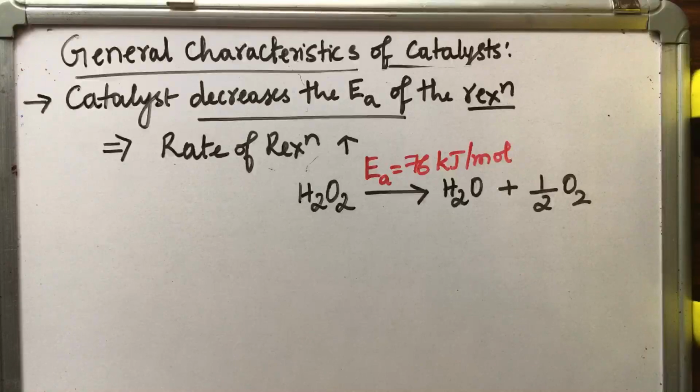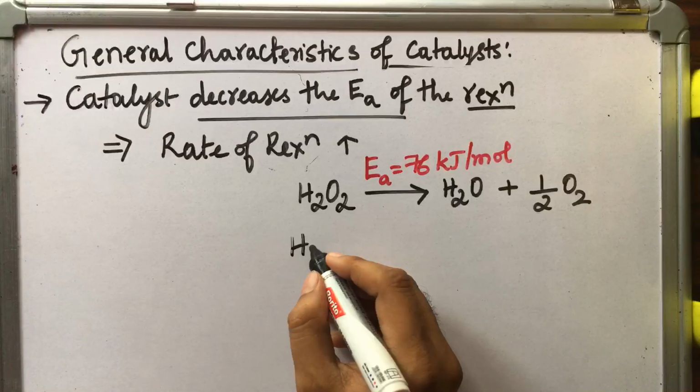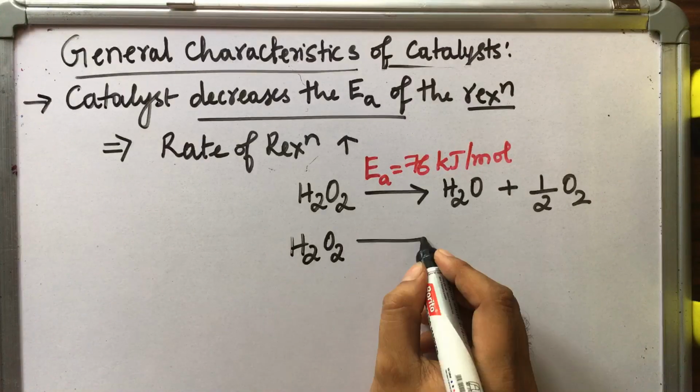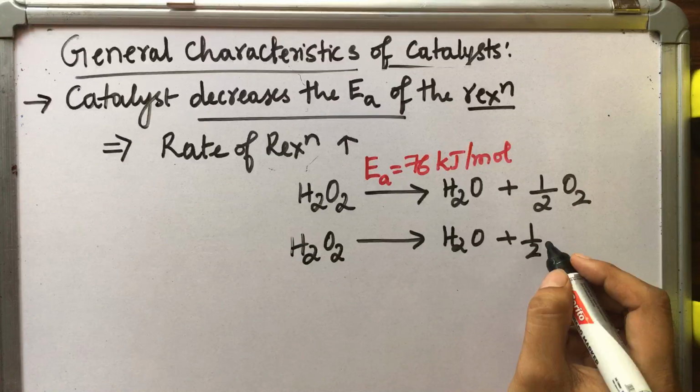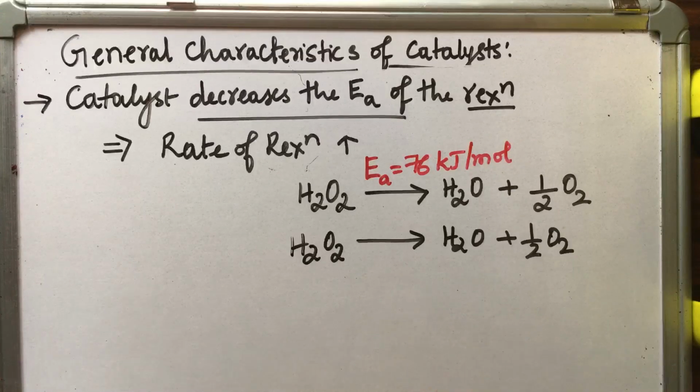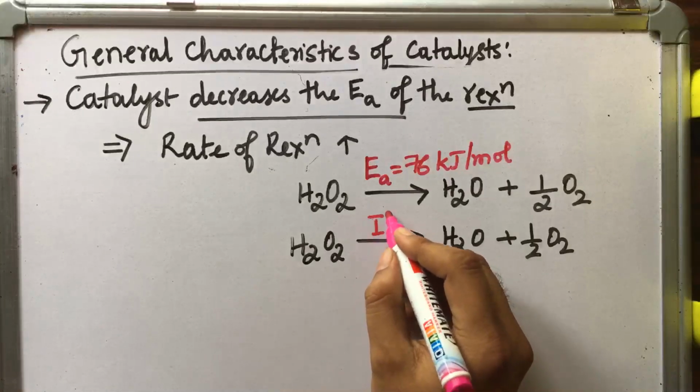Say that I am doing the same reaction, decomposition of hydrogen peroxide, H2O2, so as to form H2O plus half O2, in the presence of a catalyst. Let me say that the catalyst being used for this reaction is I minus.